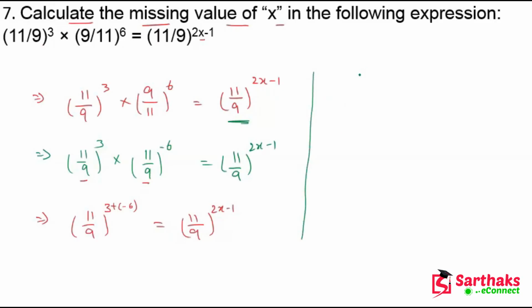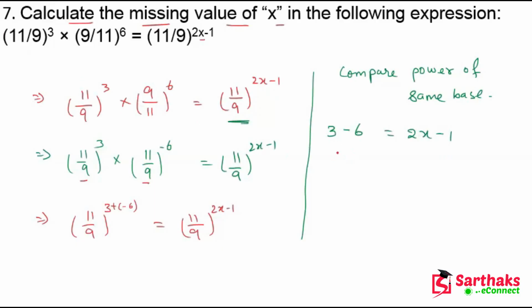Now we have to compare the powers, because the base is the same. So compare the powers of the same base. Here we get 3 plus minus 6 equals 2x minus 1.